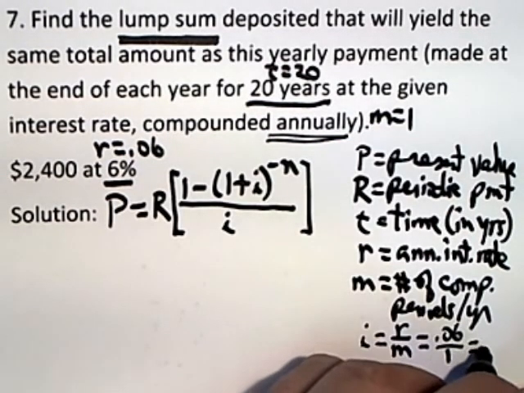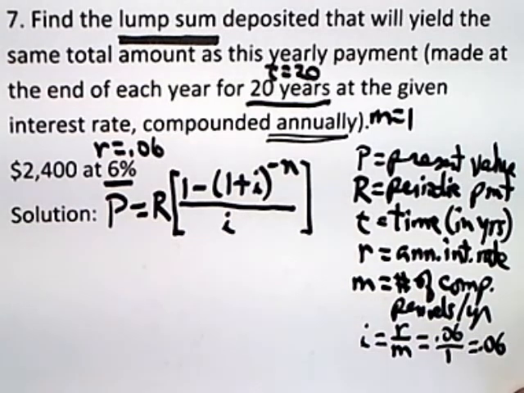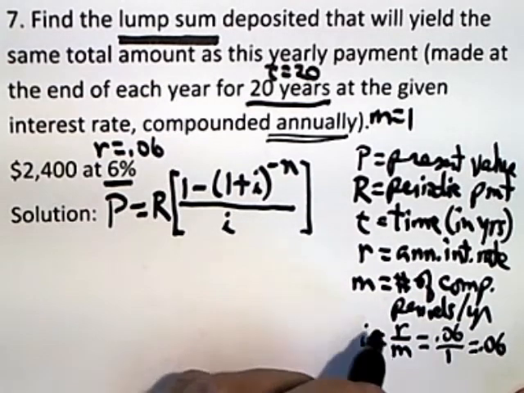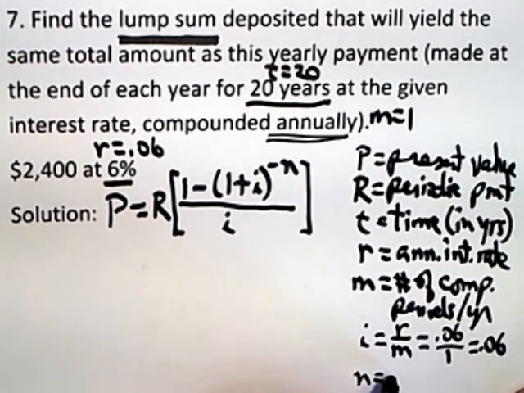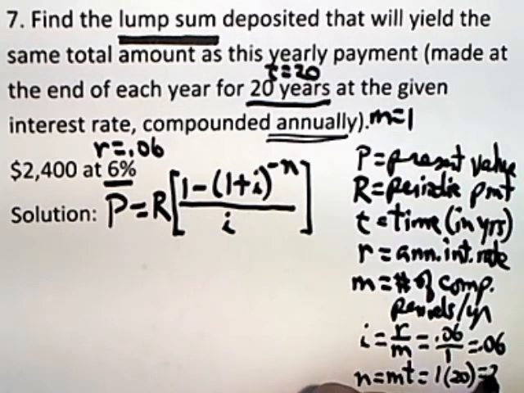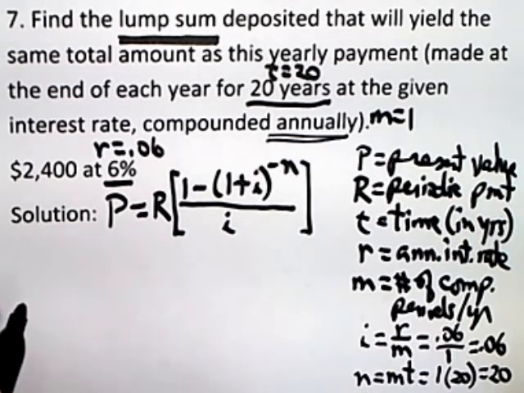So you're dividing by 1. And little n is m times t, which again is 1 times 20. 20 times 1 is 20. So again, whenever m is 1, i is the same as little r, and little n is the same as little t. So we're ready to go now.